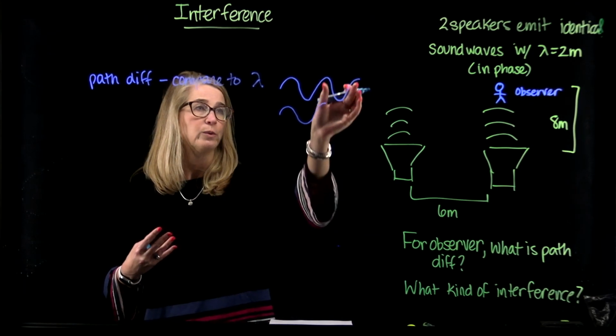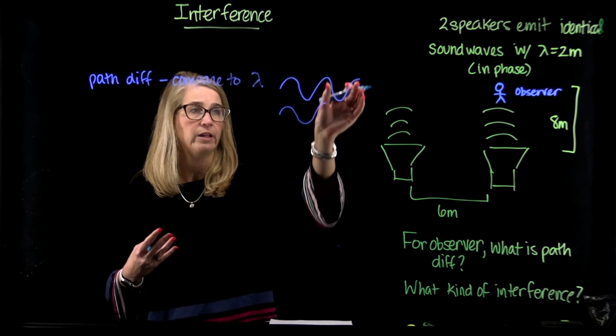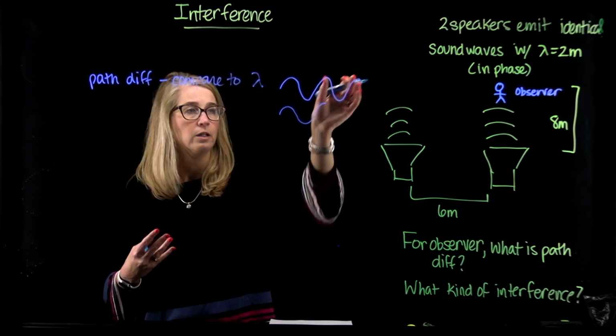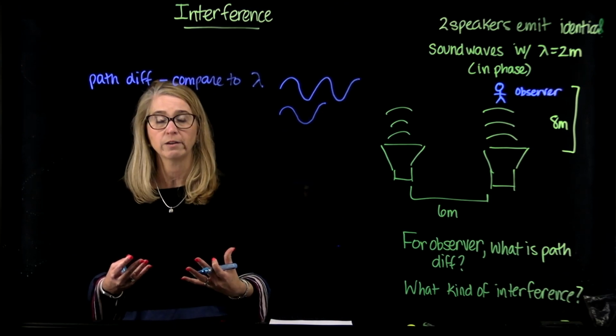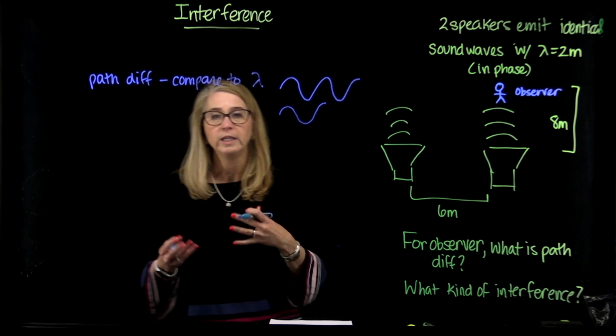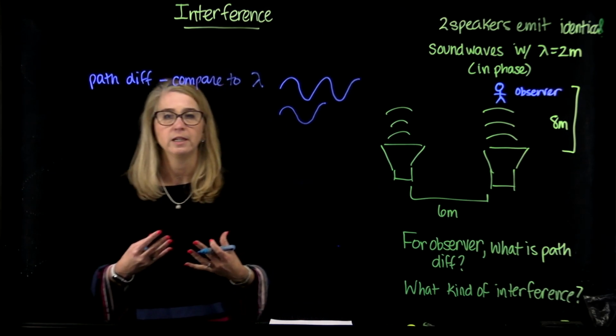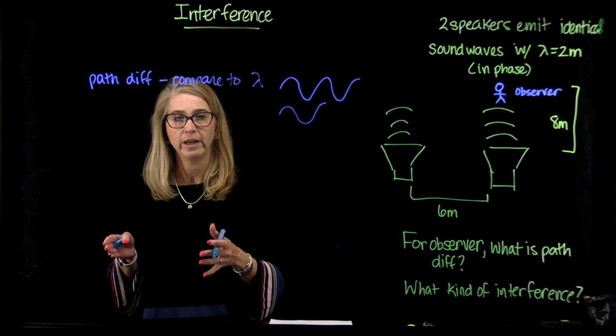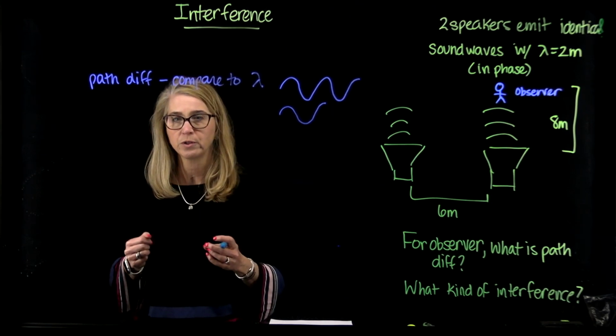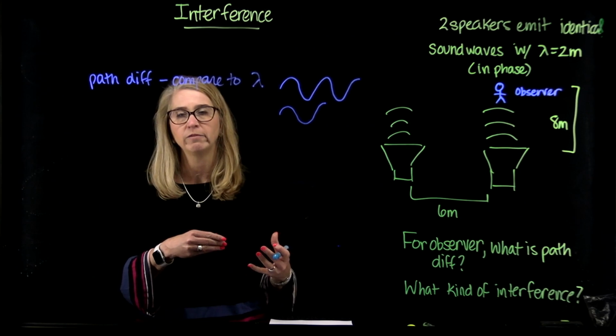If we look further, we see that the difference between the path length can be shown on this, comparing these two wavelengths, and it is equal to 1 wavelength. And so we get into this idea that we can directly relate the difference in the path length from the two different sources to the wavelength.